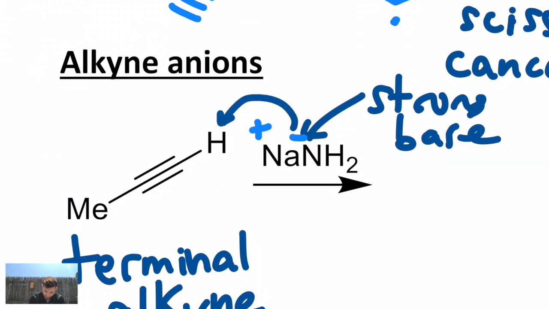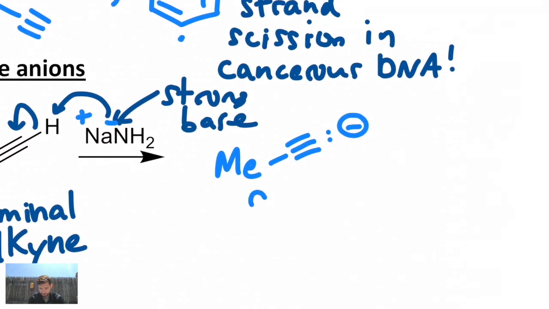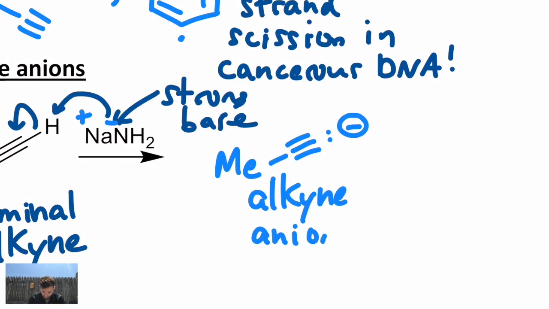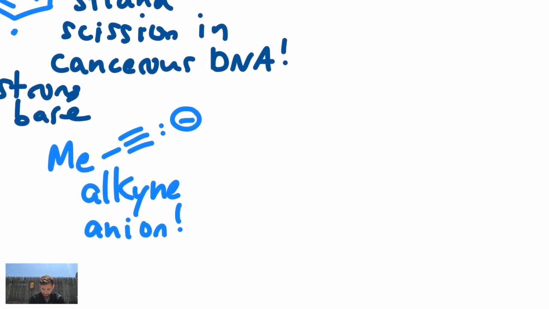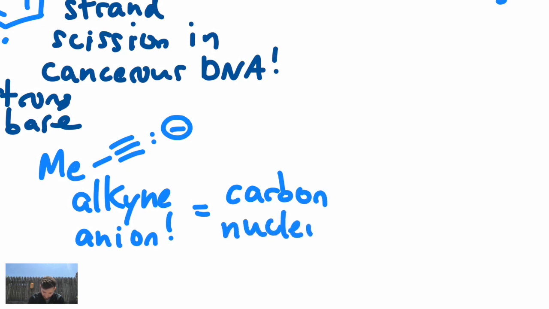And that can take away the alkyne H. That's a CH bond. And you'll generate an alkyne anion. Terminal alkynes can be deprotonated to make this carbon anion. This is a carbon nucleophile. So we can use this in a variety of reactions.